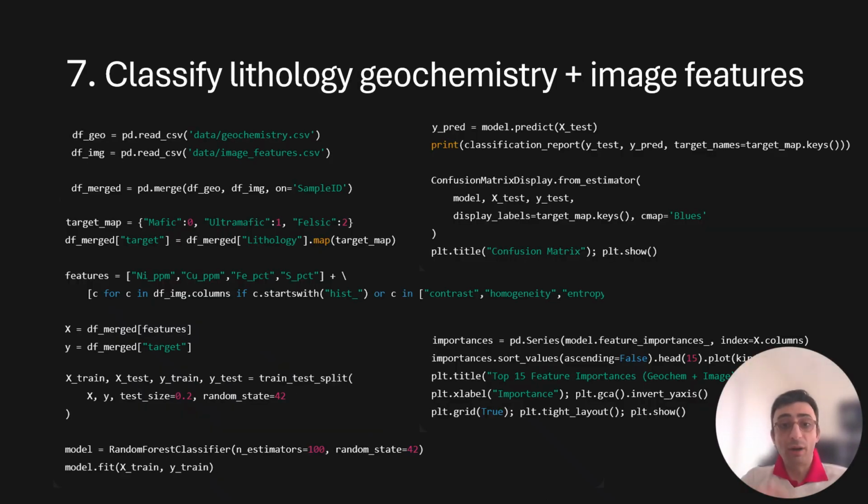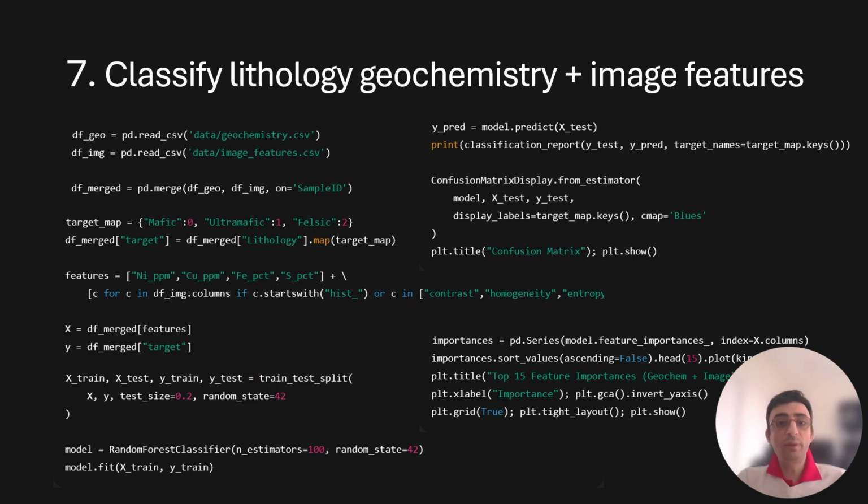Now let's match the rocks' chemistry with what the pixels look like. The goal here is to classify lithology using geochemistry plus image features. Our inputs are geochemistry.csv, which has all the elements that we have plus lithology, and the other CSV file, image_features.csv, which has color histograms plus GLCM contrast, homogeneity, and entropy.